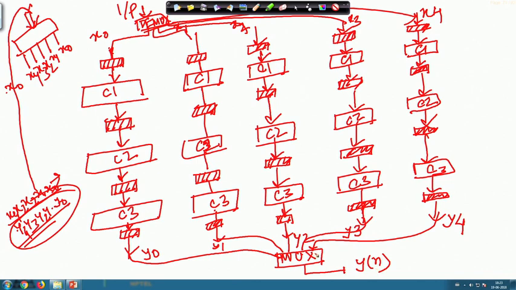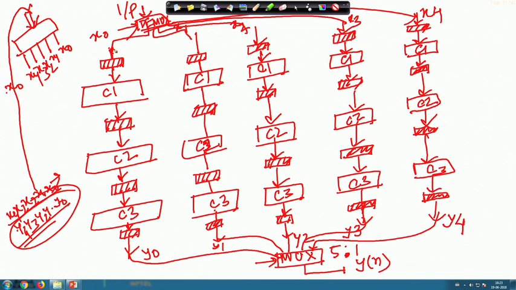So now it will be a 5:1 multiplexer, and the select lines are something like this. So this is the corresponding circuit.